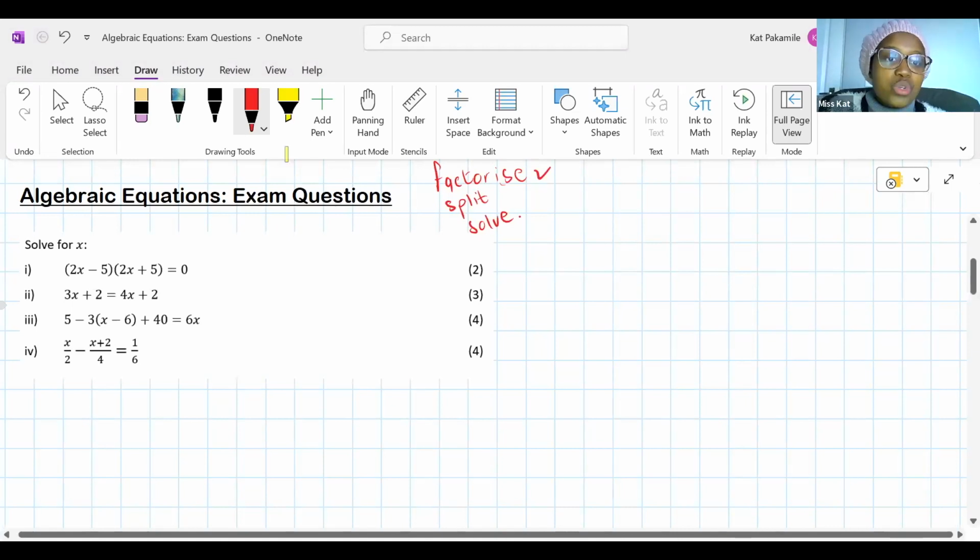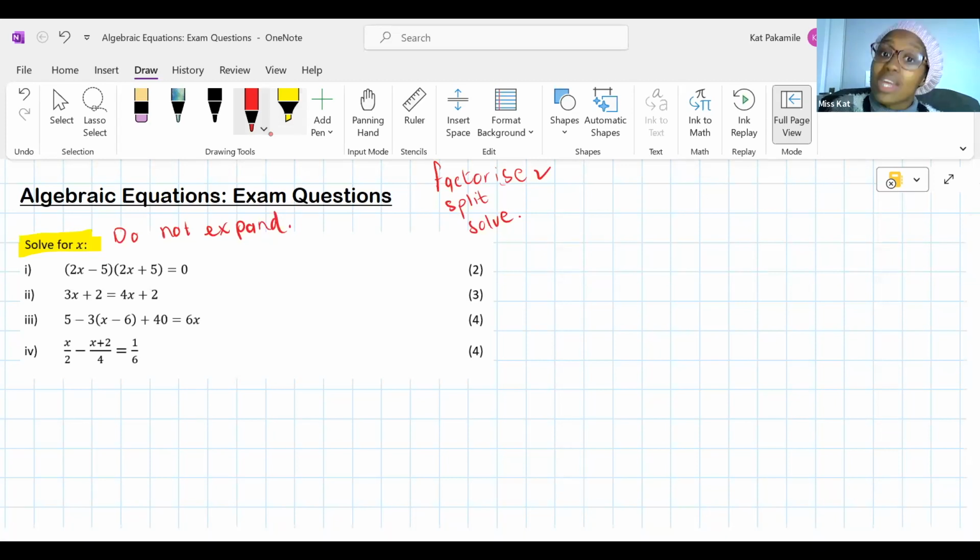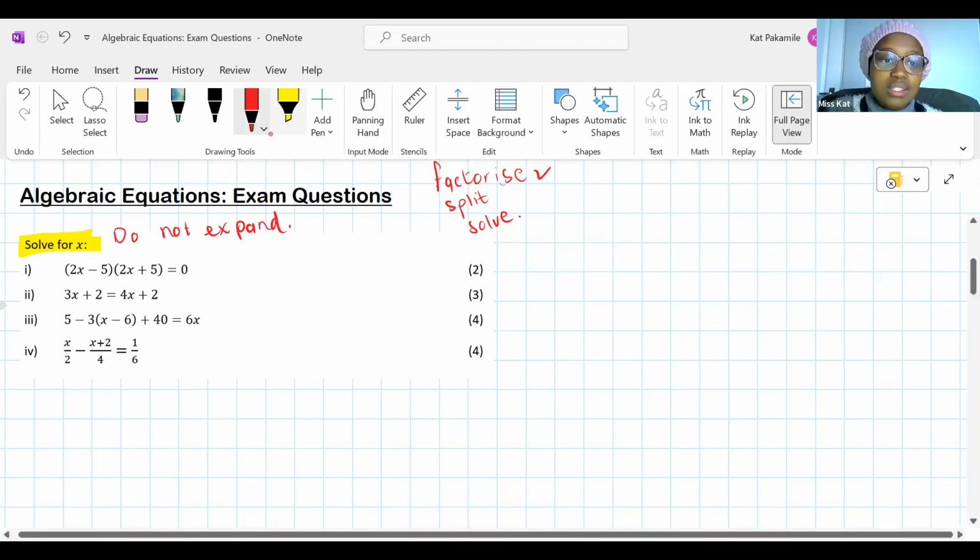If you see a question that says solve for x, the one thing you want to avoid, do not expand. Okay, what I mean is do not FOIL, because then you'll be stuck and you'll be left with a quadratic equation and then you won't know how to solve it, okay? So if you see solve for x, do not expand.